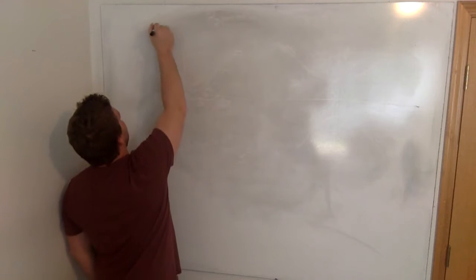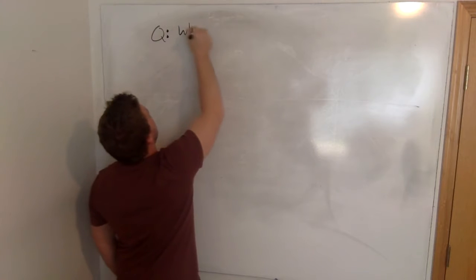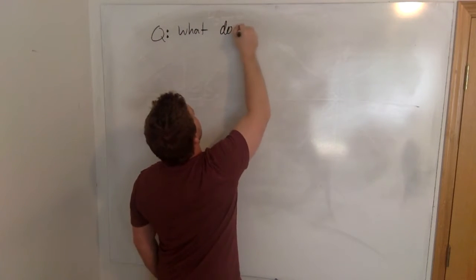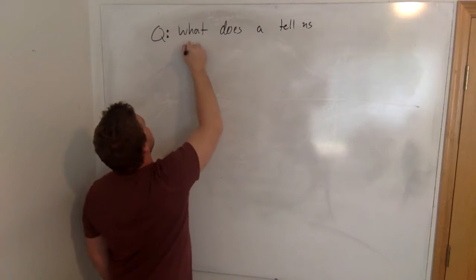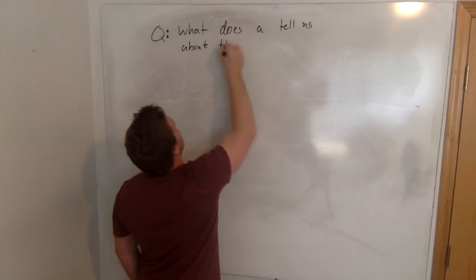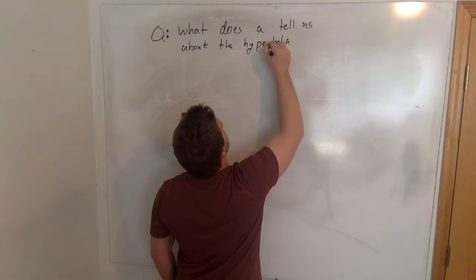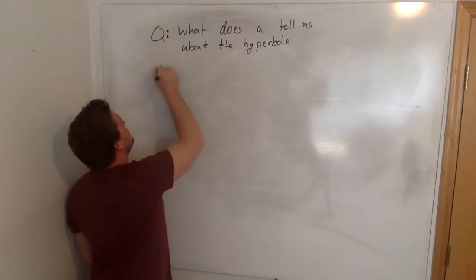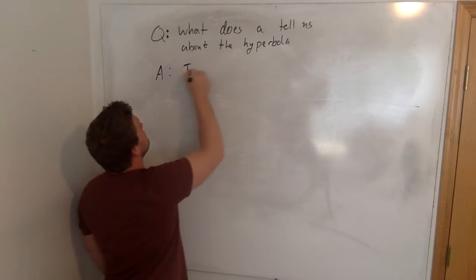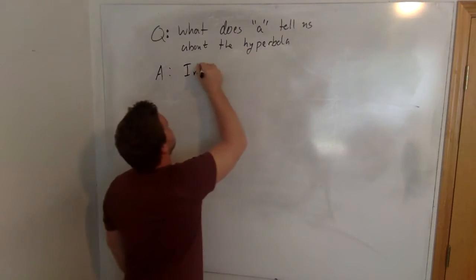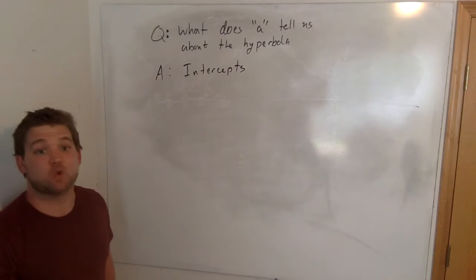So to answer that question about orientation, let's ask, what does A tell us about the hyperbola? The answer is it tells us all about intercepts, which will help us understand orientation.